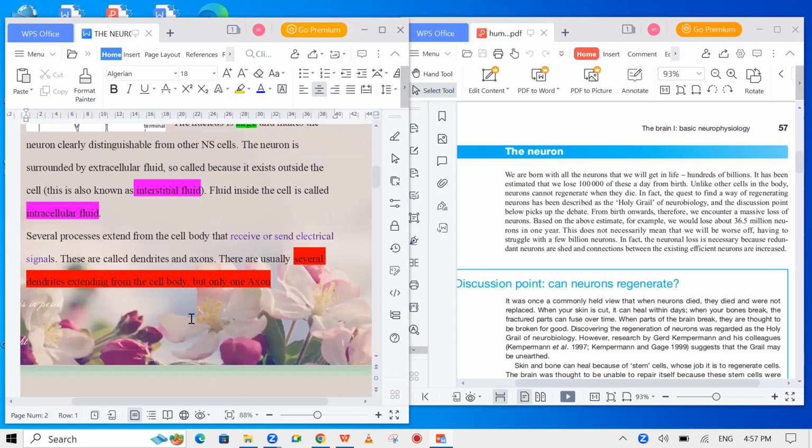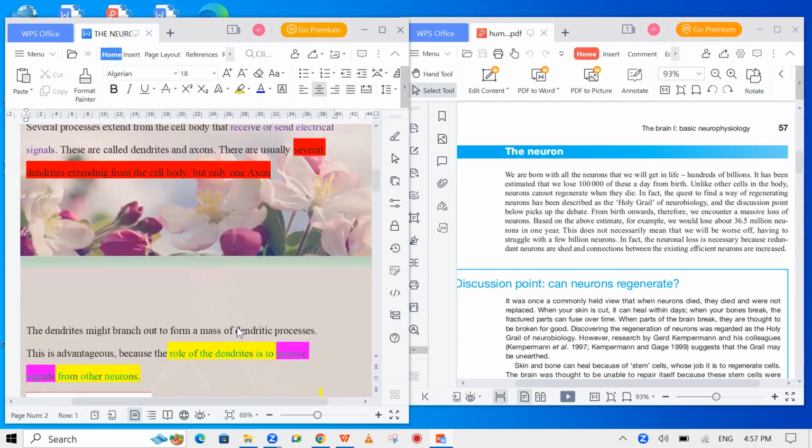Next we're going to talk about the dendrites. There are several processes that extend from the cell body that receive and send signals. They are received and sent by the dendrites and the axon. There are usually several dendrites extending from the cell body, but only one axon. So the axon is one, and the dendrites are many.